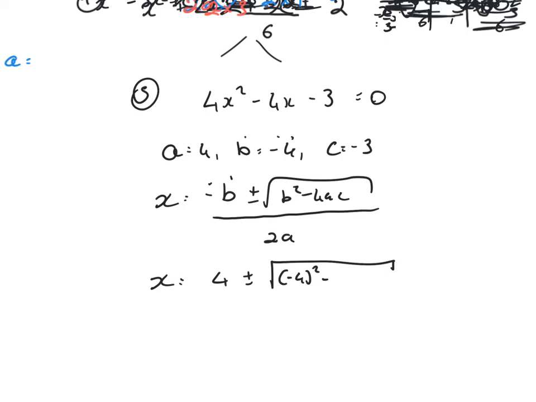Minus 4 times a times c, so that's 4 times 4 times minus 3. So minus 4 times 4 times minus 3. And let's wrap a bracket around any negatives that were involved in that, divided by 2 times a, 2 times 4.